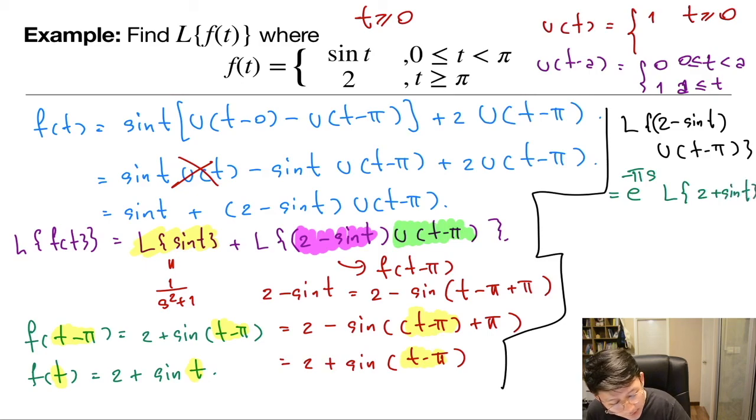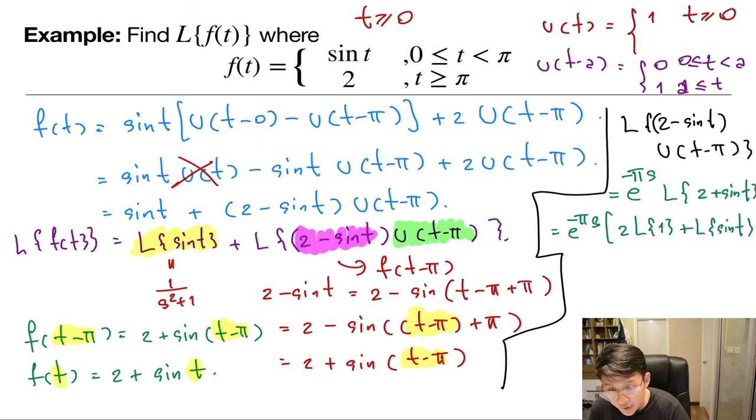That would be e to the minus pi s, times 2 times the Laplace transform of 1 plus the Laplace transform of sine t. And that would be e to the minus pi s, times 2 divided by s plus 1 divided by s squared plus 1.